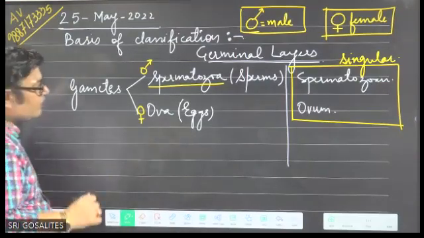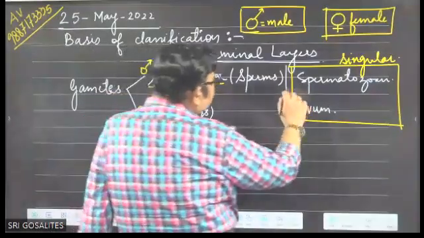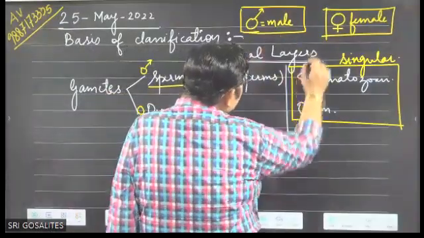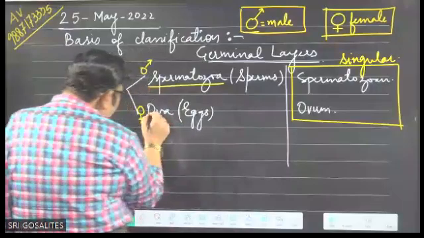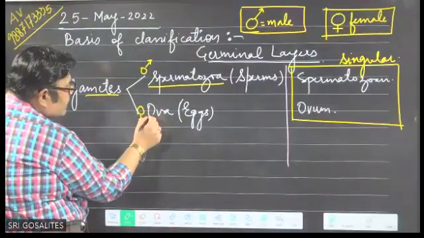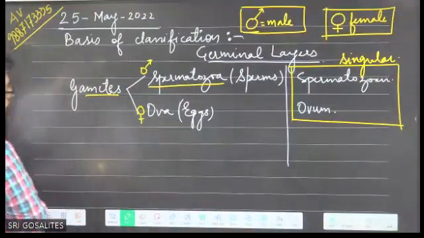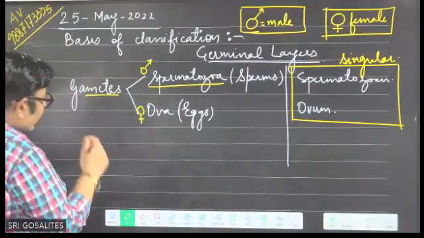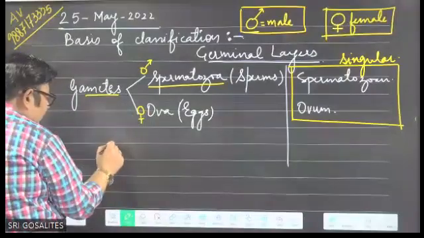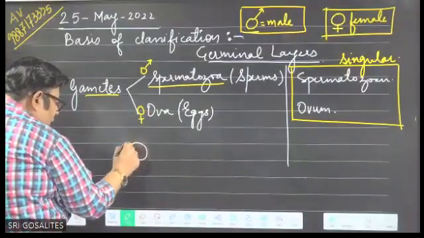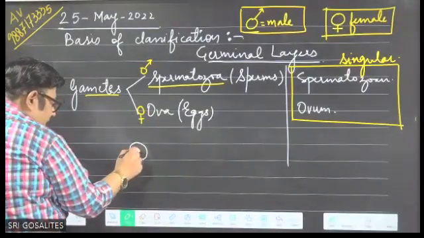Fine. Wonderful. Okay. So this is for the male sex and this is for the female sex. So the female gamete is ovum and the male gamete is spermatozoon. And in sexual reproduction, both are required in the sense that an ovum is fertilized by a sperm.